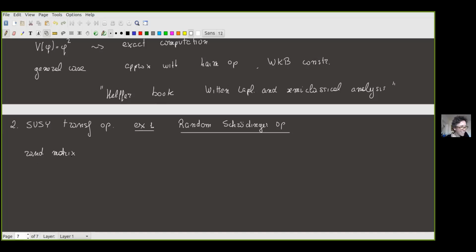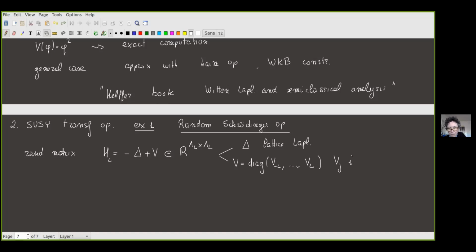This matrix is defined in the following way: H is, in a fixed volume, minus Laplacian plus V. So this is a real symmetric matrix defined on this one-dimensional interval, where Laplacian is the lattice Laplacian, and V is a diagonal matrix, where the elements of the diagonal are independent, identically distributed random variables.